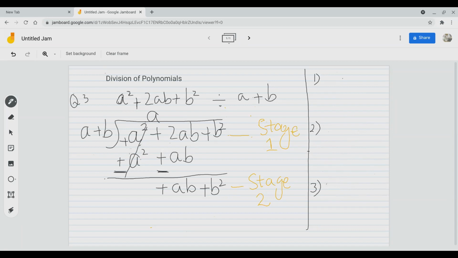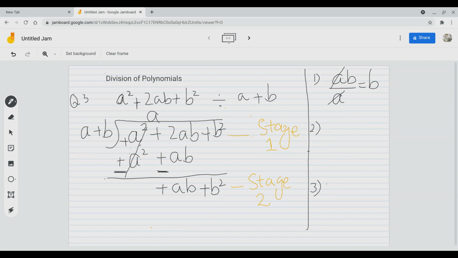So first I have to see which is the first term in the second stage. First term is AB, and as a divisor it is A. I will write AB over A, because inside first term will come on the top, outside first term will come down, just like before. Now cancel this, you get B.